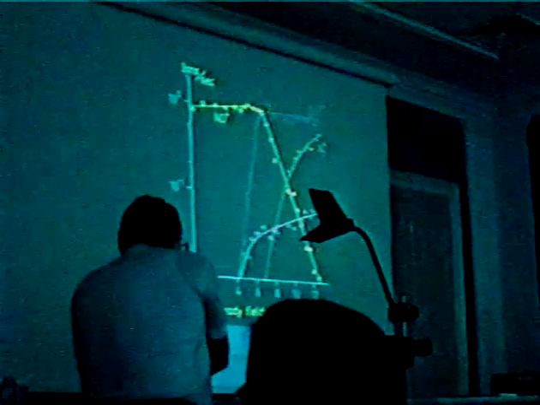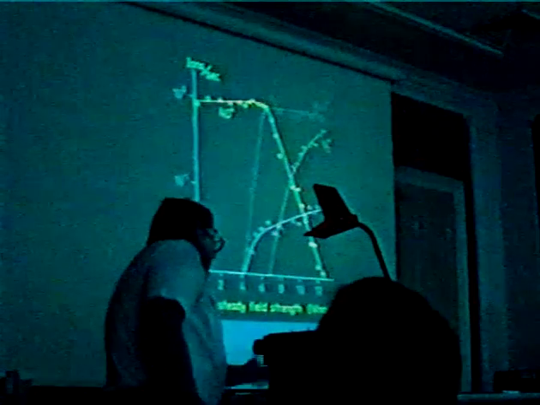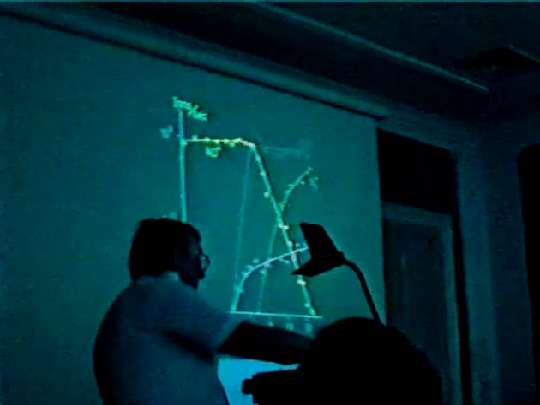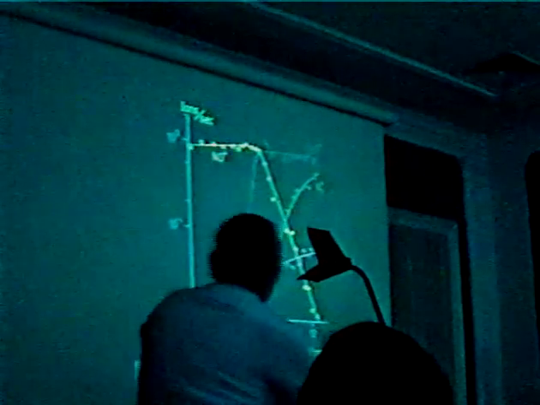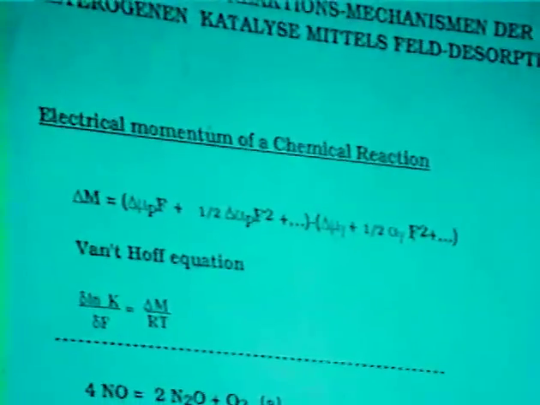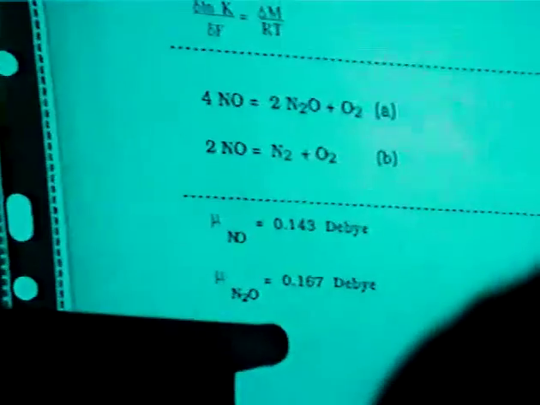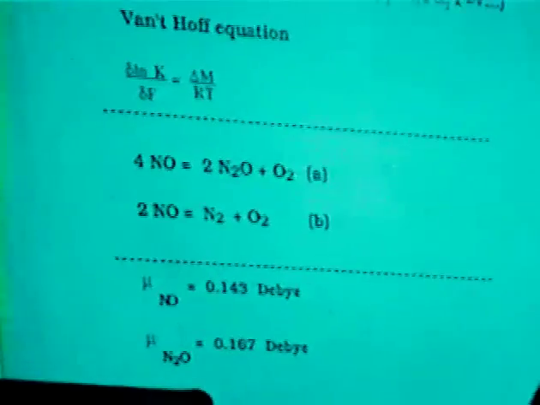Now this is a rather curious reaction, and former considerations of the influence of electrostatic fields in terms of polarizabilities, in terms of field interaction with molecules, where you can define an electrical moment of a reaction, do not apply, because the dipole moment of the NO molecule and N2O molecule is higher than the zero dipole moment of oxygen and nitrogen. So field influence would always reverse the reaction and not find NO decomposition.